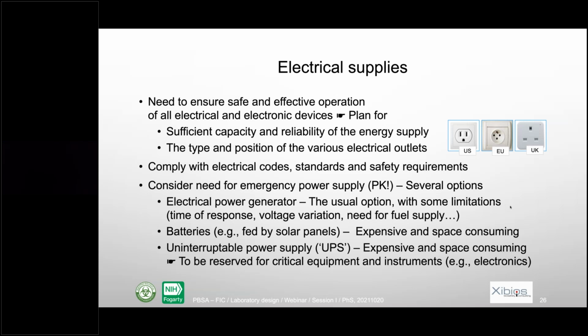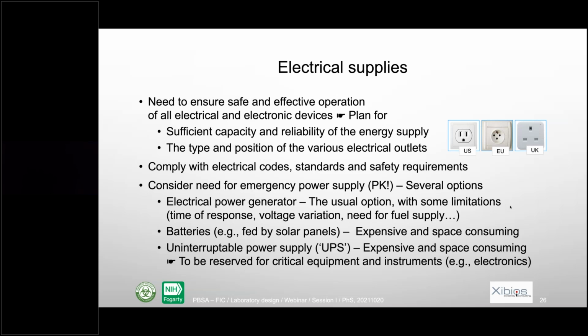Three different options are available for that. The main one and the less expensive one is to have an electrical power supply generator, which is mostly fed with fuel. It is a good option, but it has some limitation. For instance, it takes a little bit of time to respond, a few seconds to a few minutes, and also there could be changes in the voltage.